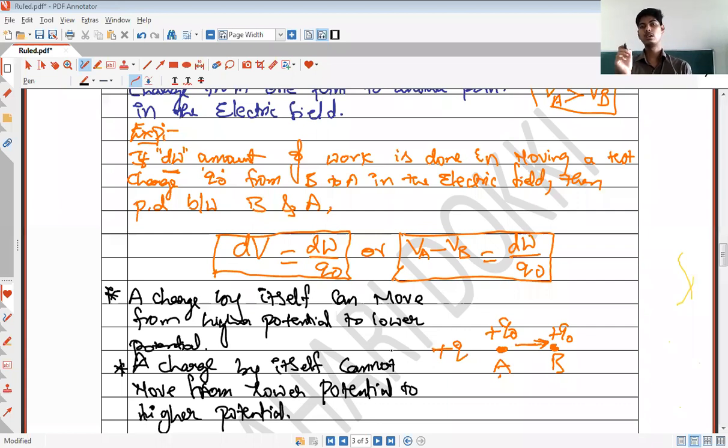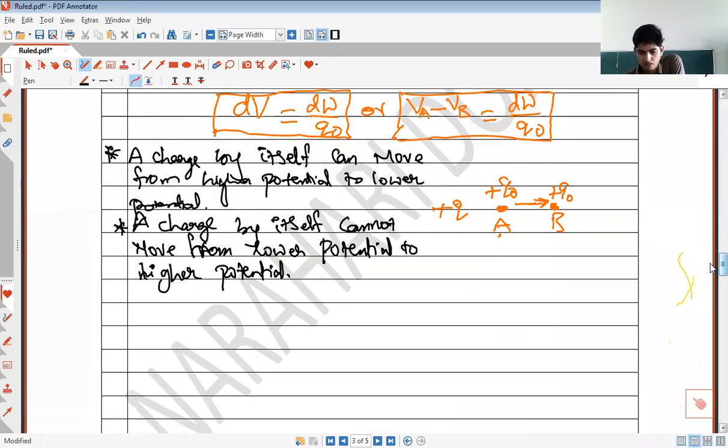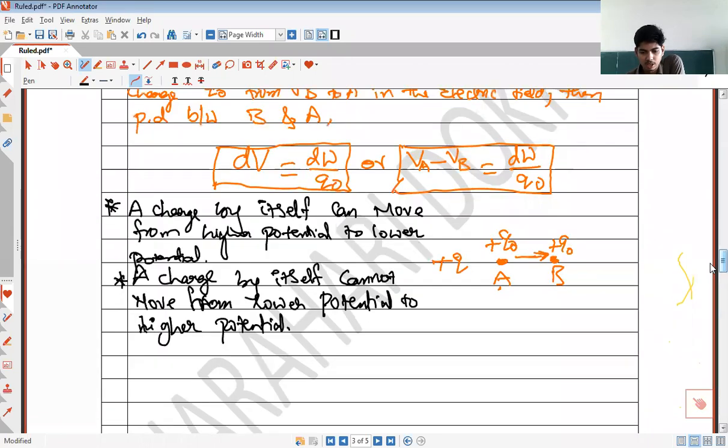That work which you have done to move a charge from lower potential to higher potential in the electric field is called potential difference. I hope the idea of potential difference is clear.